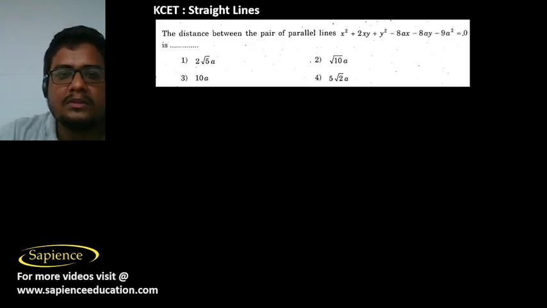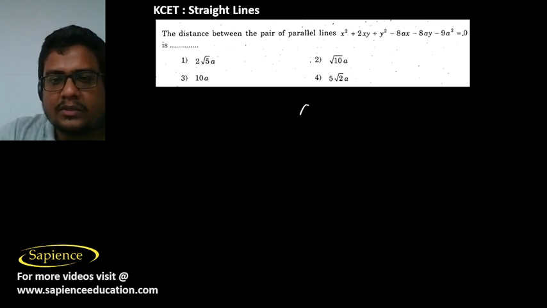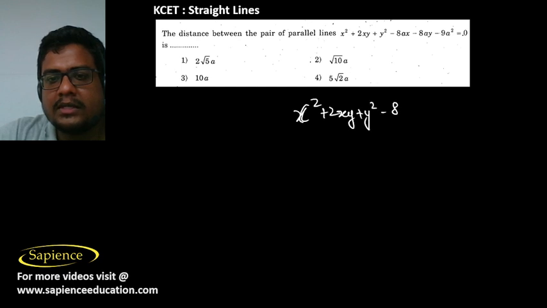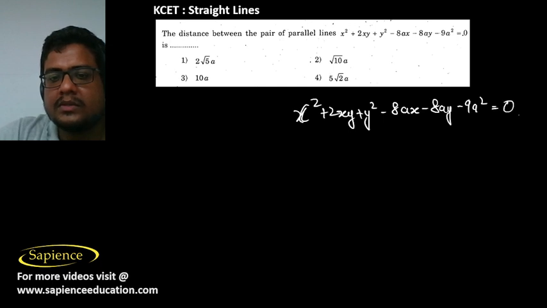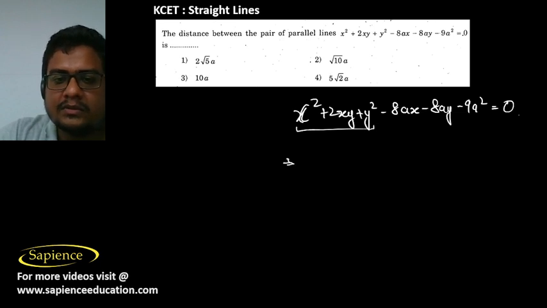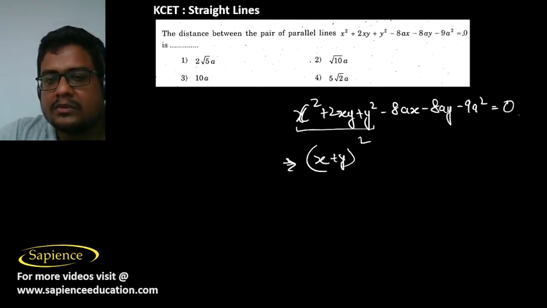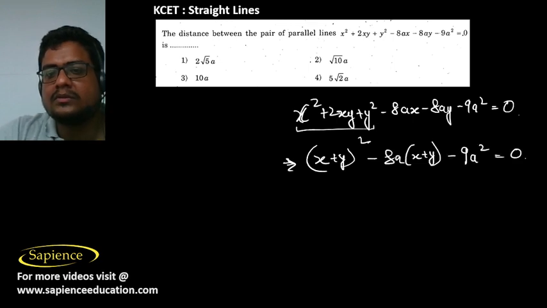Now here it is told the distance between the pair of parallel lines. So x square plus 2xy plus y square minus 8ax minus 8ay minus 9a square equal to 0. Now this part we can write as a perfect square of the form (x plus y) whole square, minus 8a into (x plus y) minus 9a square equal to 0.